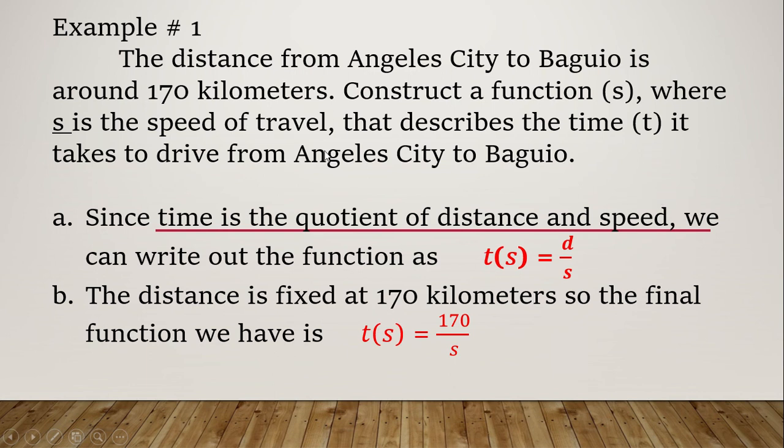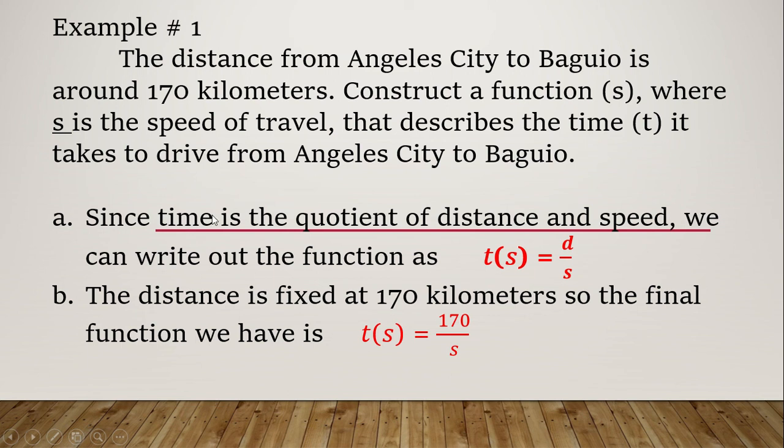Example number 1. The distance from Angeles City to Baguio is around 170 kilometers. Construct a function, s, where s is the speed of travel, to describe the time it takes to travel from Angeles City to Baguio.